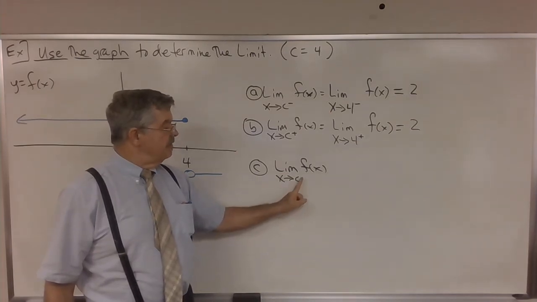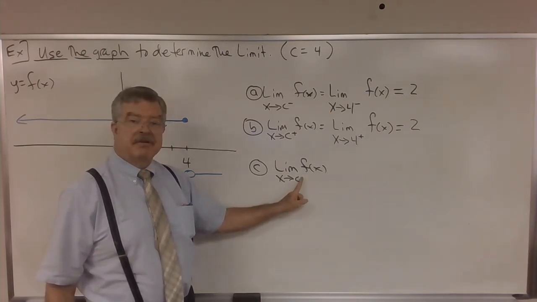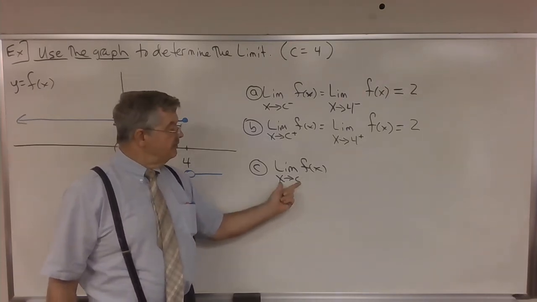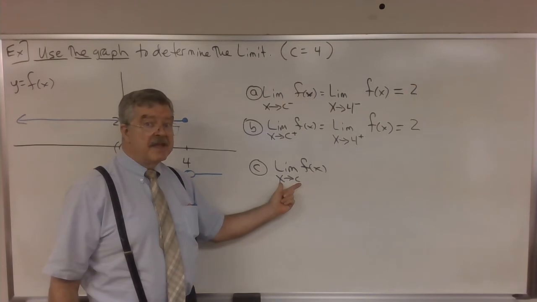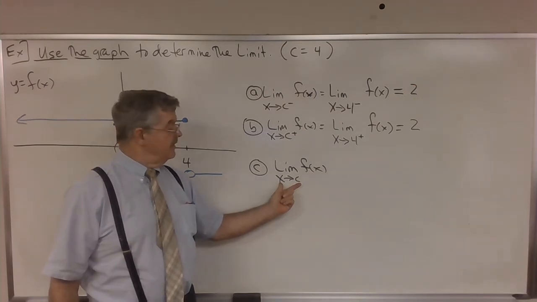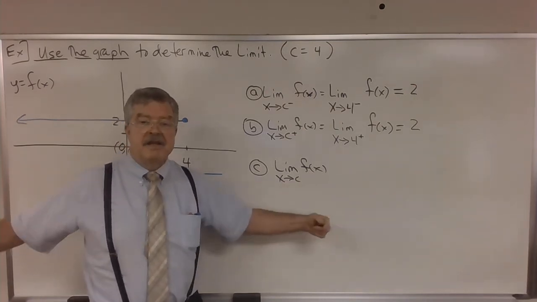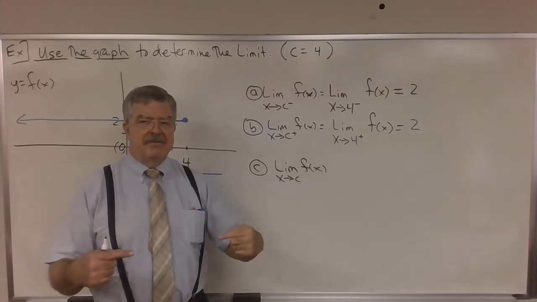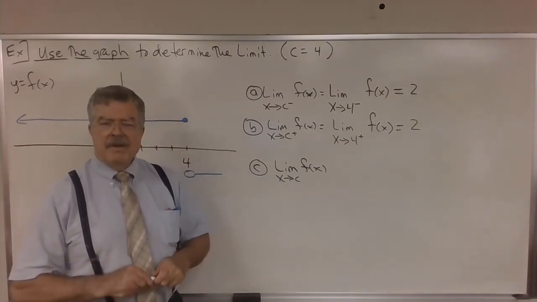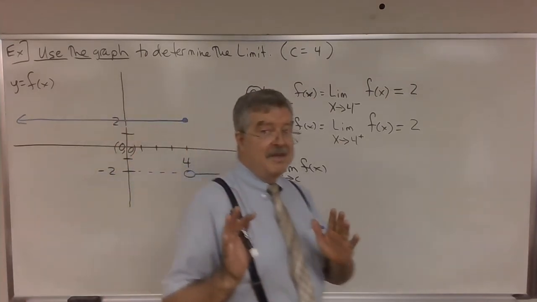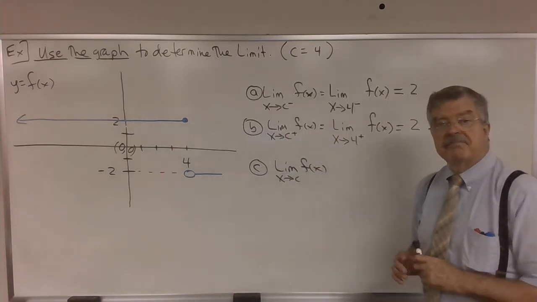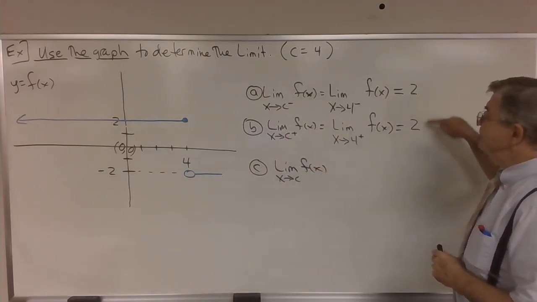Here, there's no plus or minus superscript to the right of c. So this means they want, quote, the limit, end quote, as x approaches c from either direction. And what do we know about, quote, the limit, end quote, and the two one-sided limits?